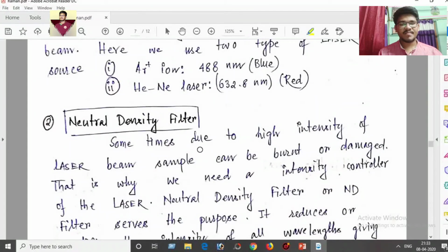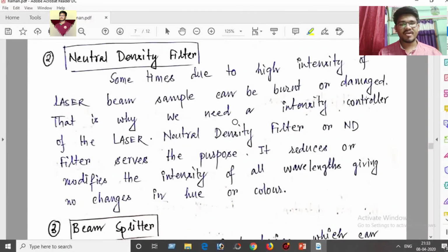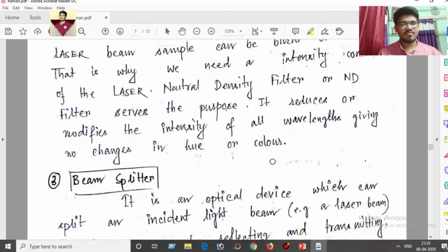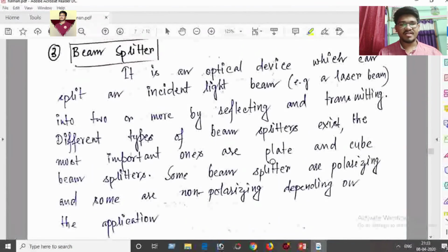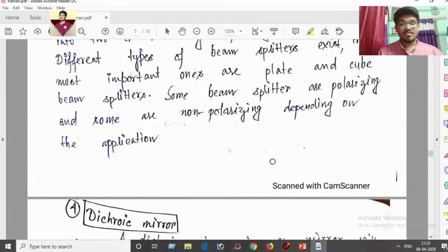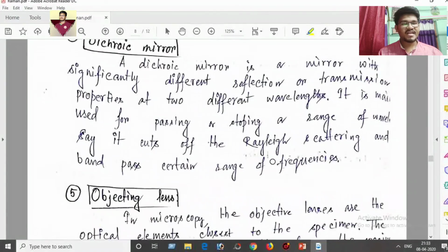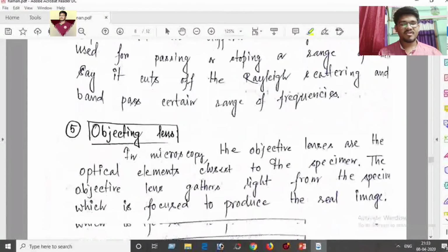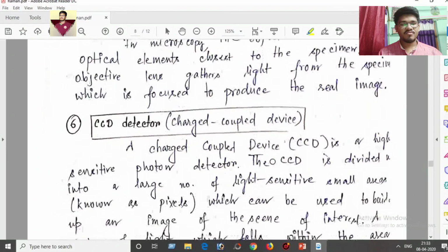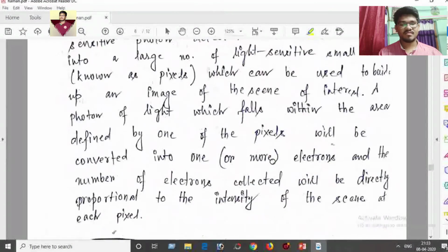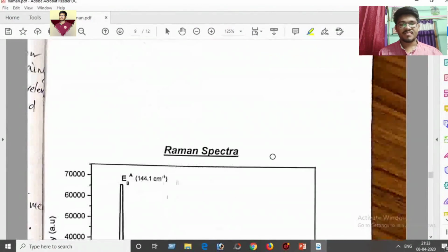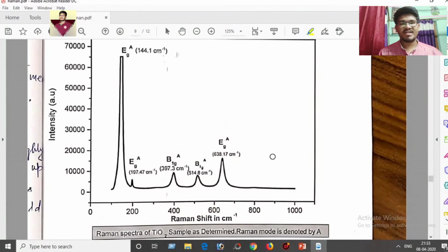These two types of wavelength we mainly use here. The ND filter is here. You can pause the video and copy all this information, or you can go through online and find some literature. I am not discussing in detail, as it will elongate the video. For the instrumentation part, you just go through all this.